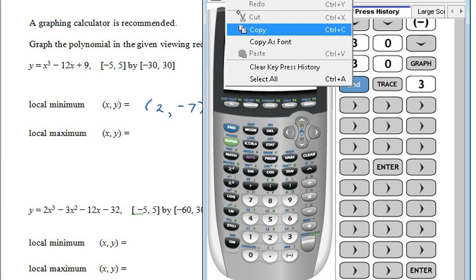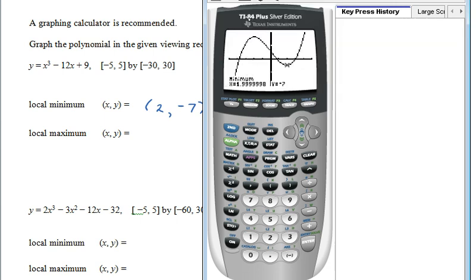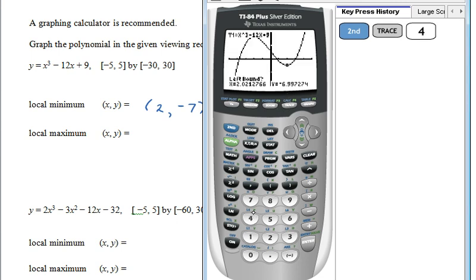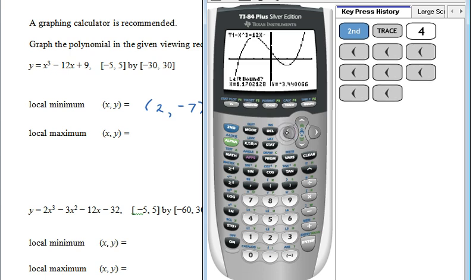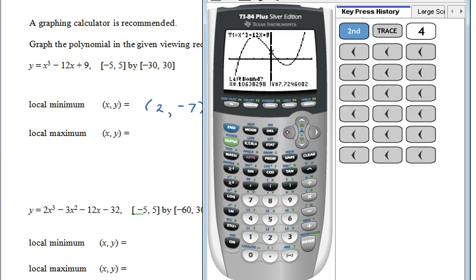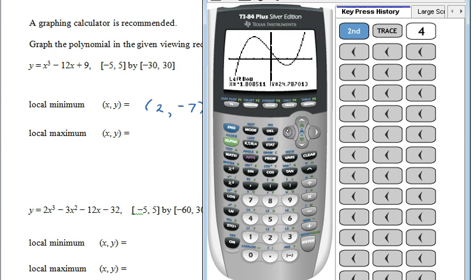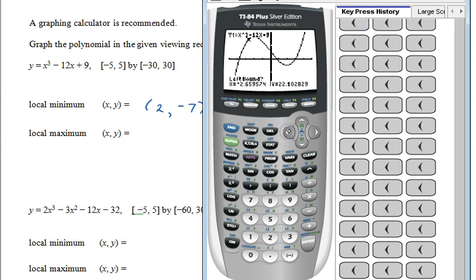I'm going to clear the key press history. We're going to press second trace again to get calculate, but this time press 4 for maximum. Now I'm going to use the left arrow to move to the left of the local maximum and then press enter.